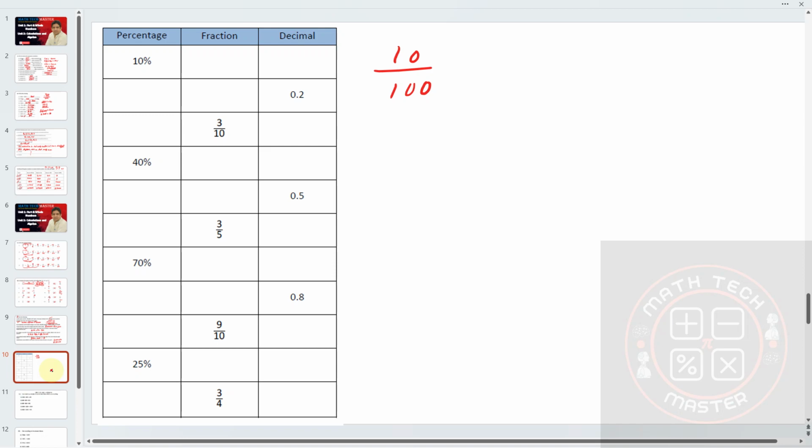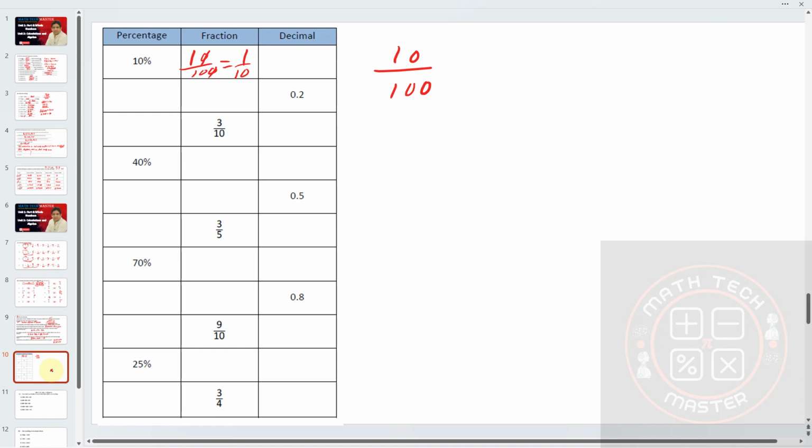So, is it the final answer? Yes, it is the final answer, but we have one option that we can simplify the values because the 10 and 100 can be simplified. The answer can be 1 over 10 too. Now, changing percentages into decimals is the same as dividing by 100.